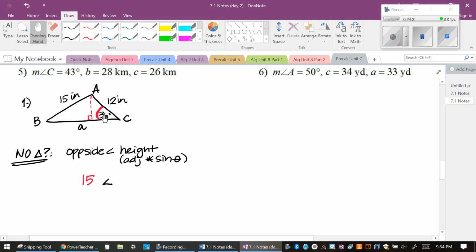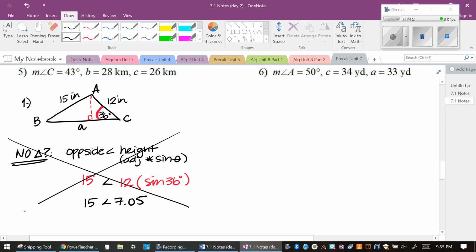There are 2 adjacent sides, and I'm going to use the one that's given, the 12. 12 times the sine of 36 is 7.05-ish. Is 15 less than 7.05? That is not a true statement, so that means a triangle is possible. It would not have been possible if 15 had been less than 7.05, but that's not true.